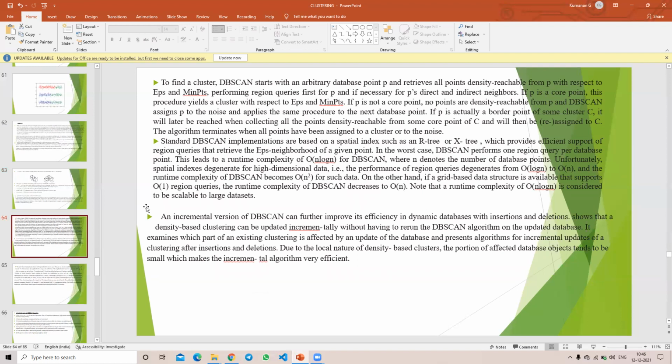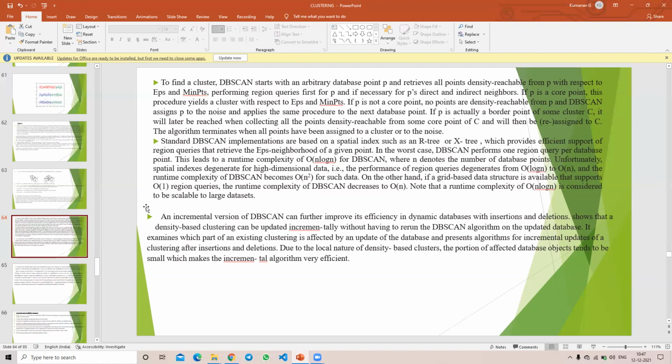Next, to find clusters, DBSCAN starts with an arbitrary database point P and retrieves all points density reachable from P with respect to EPS and minimum points, forming a cluster. If P is not a core point, no points are density reachable from P, and DBSCAN assigns P to the noise and applies the same procedure to the next database point.